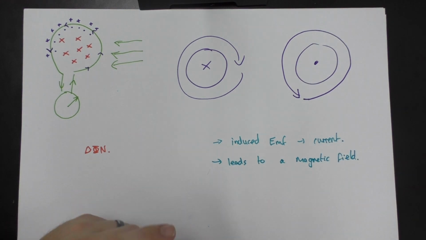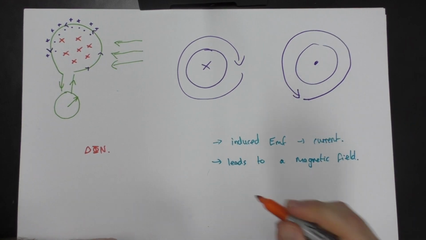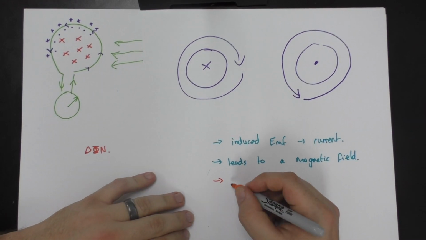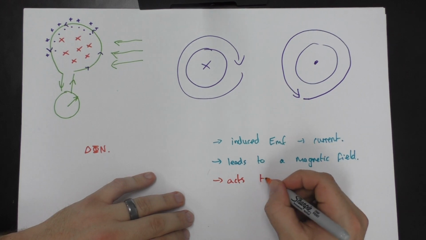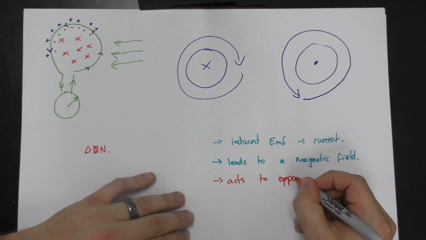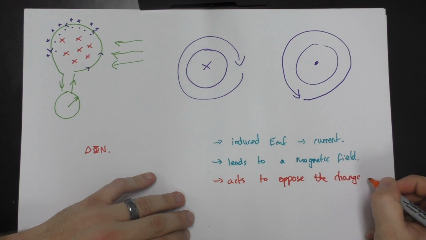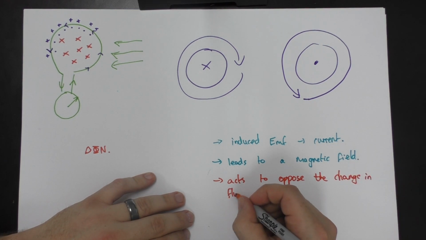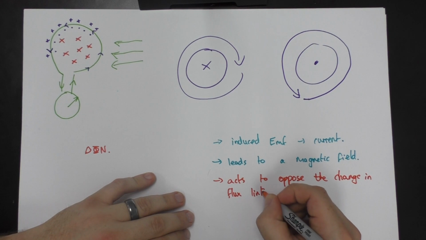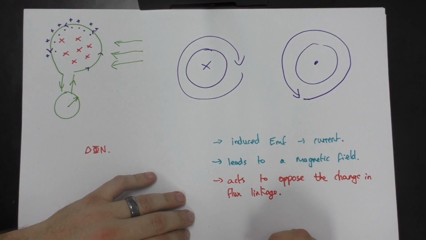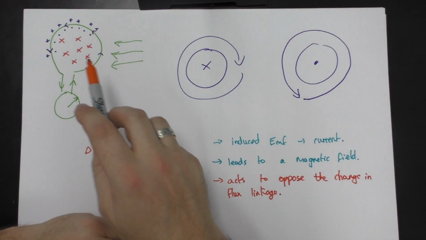That magnetic field acts to oppose the change in flux linkage. Okay? It acts to oppose it.